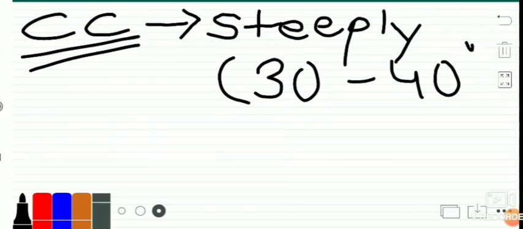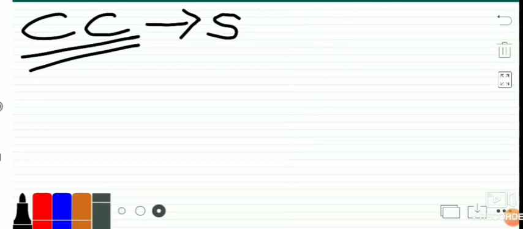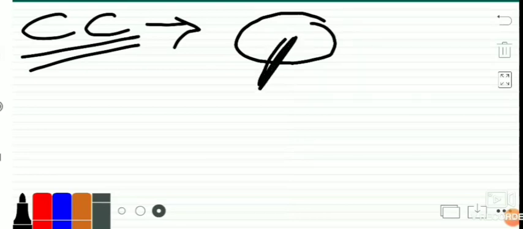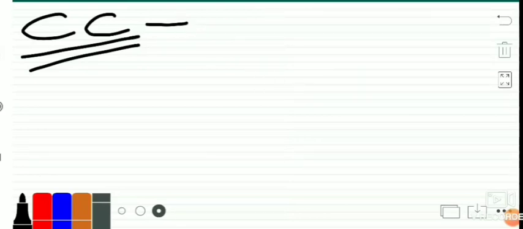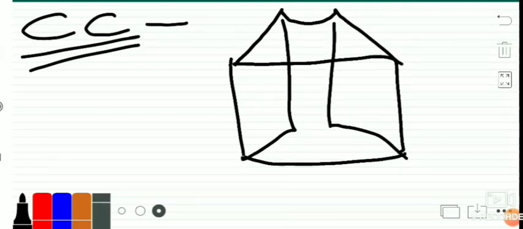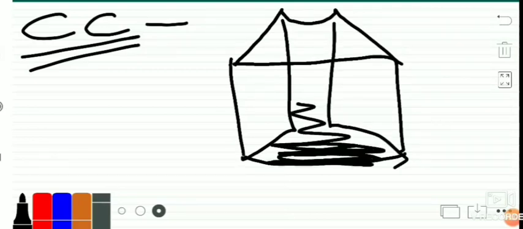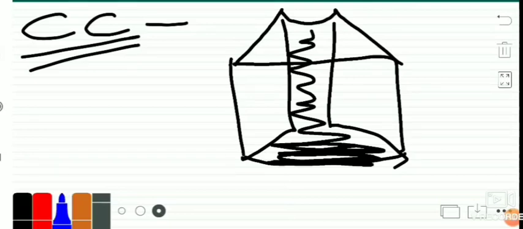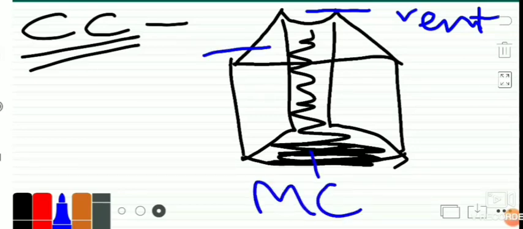Since they are basically formed around a circular vent, this is the vent, this is the magma chamber, and this is the pyroclastic flows or pyroclastic material, pyroclastic fragments, right?